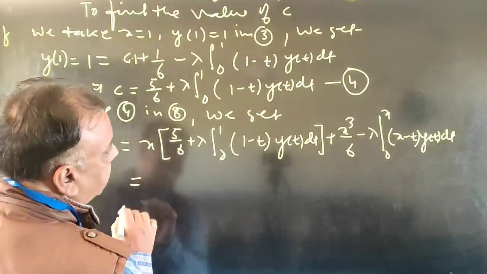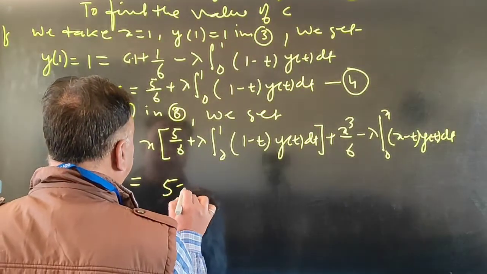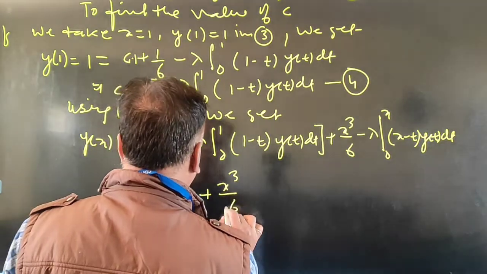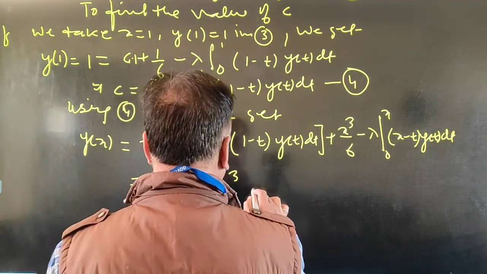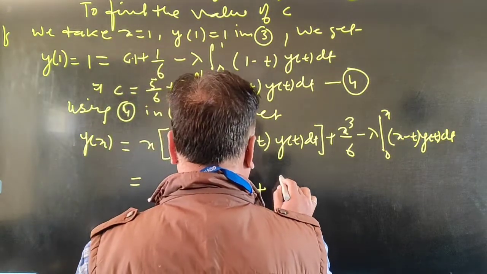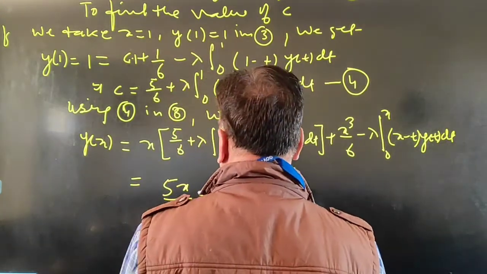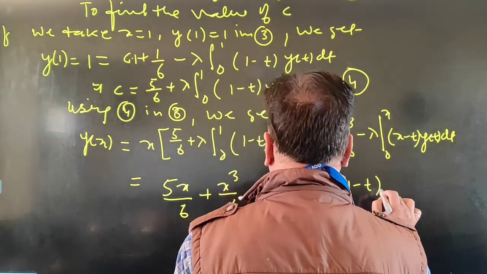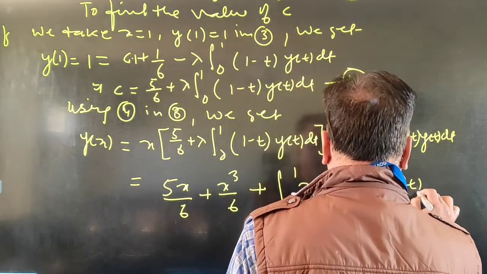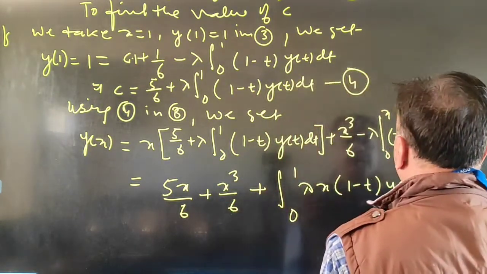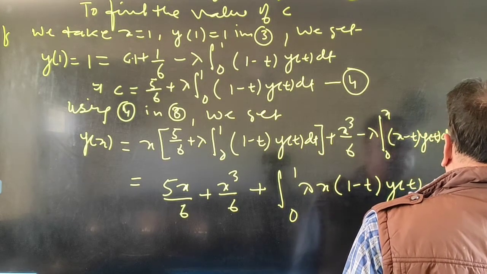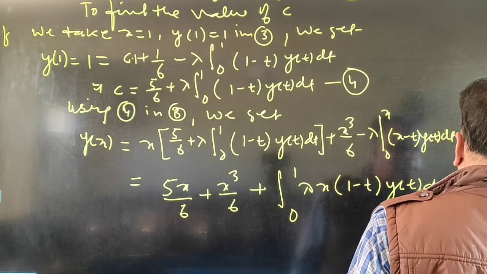Or we can write it as 5x by 6 plus x cube by 6 plus integral 0 to 1 lambda into x 1 minus t yt dt minus lambda integral 0 to x minus t yt dt.